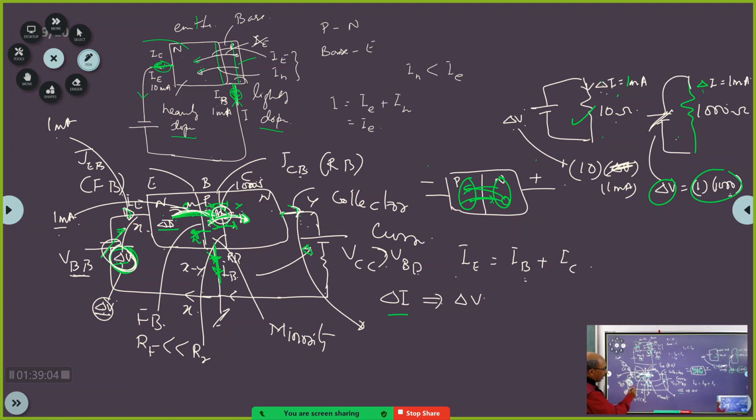You are only putting effort to push a current in a small resistor, but the mechanism is such that the majority of that current will automatically flow into the larger resistance. If you directly wanted 1 milliampere to flow in the larger resistance, you would have to put in more effort.